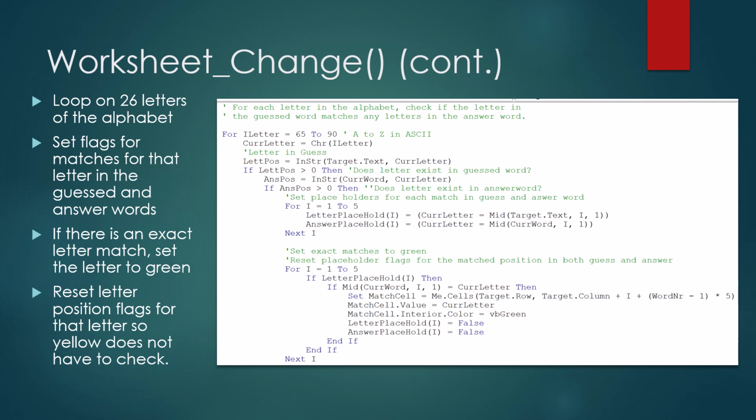Now the next For block is taking a look to see if the letters match exactly, and if they do, then those letters are set to green, and then those letters are removed from the same position in the binary arrays. And that's important for the next part where we start looking at where to put the yellow letters.